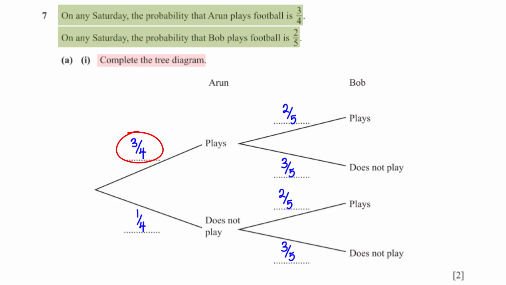And so to get the probability that Aaron does not play football, we subtract 3/4 from 1, which gives us 1/4. We've been given the probability that Bob plays football as 2/5. And so to get the probability that Bob does not play, we subtract 2/5 from 1, which gives us 3/5.